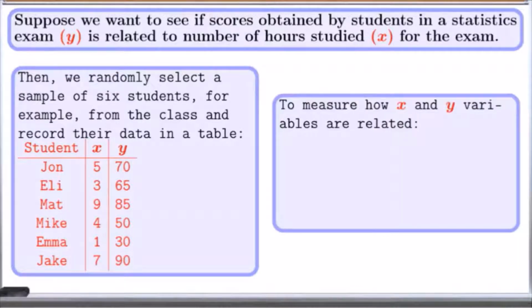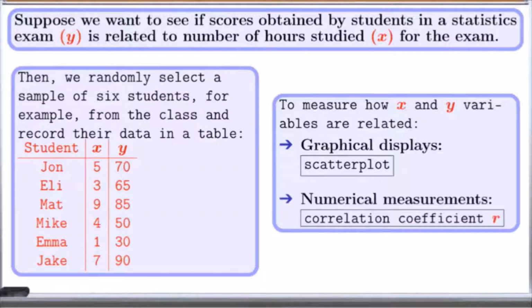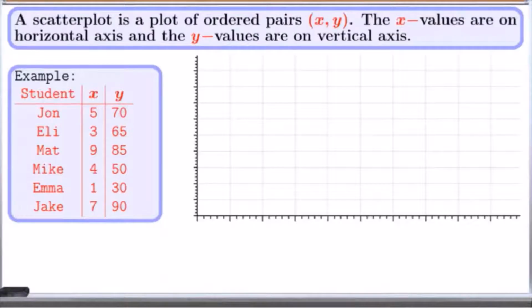Then, to see how x and y are related, we use Scatterplot for graphical displays, and we use correlation coefficient R for numerical measurement. In this video, I will talk about Scatterplot only. Please watch my other video for correlation coefficient.